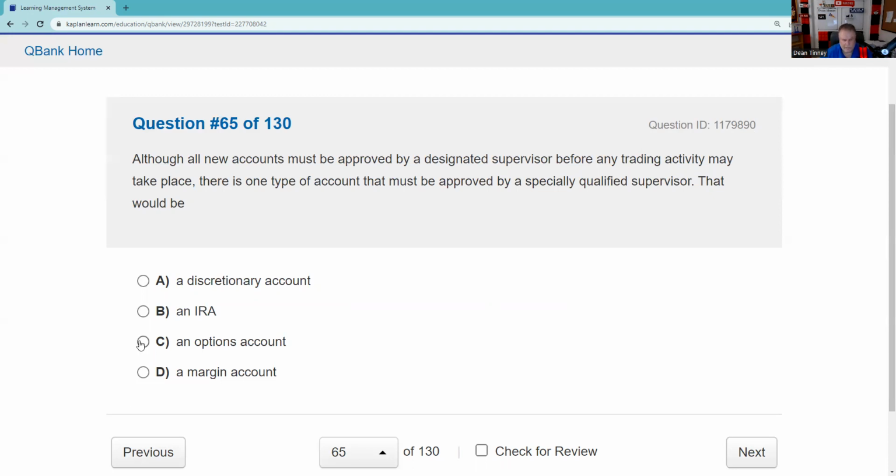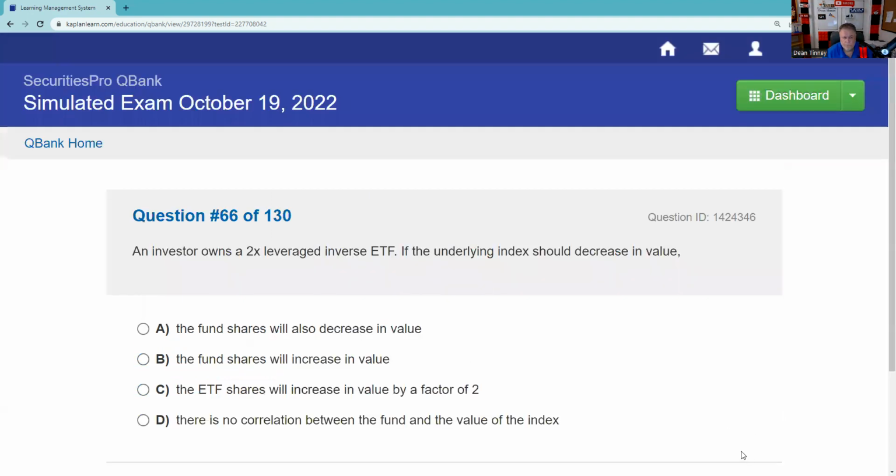And we're going to give them the disclosure document. I'm going to go back and my ROP is going to say, Dean, did you give them the disclosure document? I say, yes. My registered options principal approves the options account. We then have 15 days to get that back. They read it, they understood it. And if not, after 15 days, we only allow them to do offsetting or closing transactions.